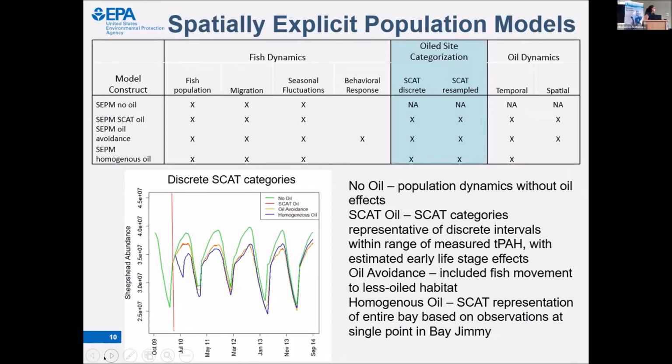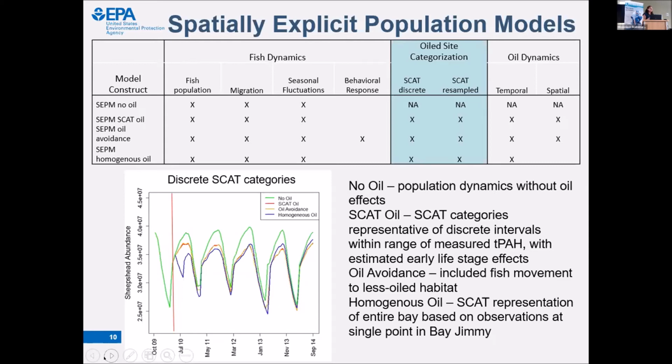There's not a lot of difference between these two. The spatial resolution that we were using to simulate the fish movement doesn't really pick up on any differences in how they would move at that level, so not a huge discrepancy there. Again, a few years out, these start to get more similar in terms of the abundance of the sheepshead minnow after 4 or 5 years.